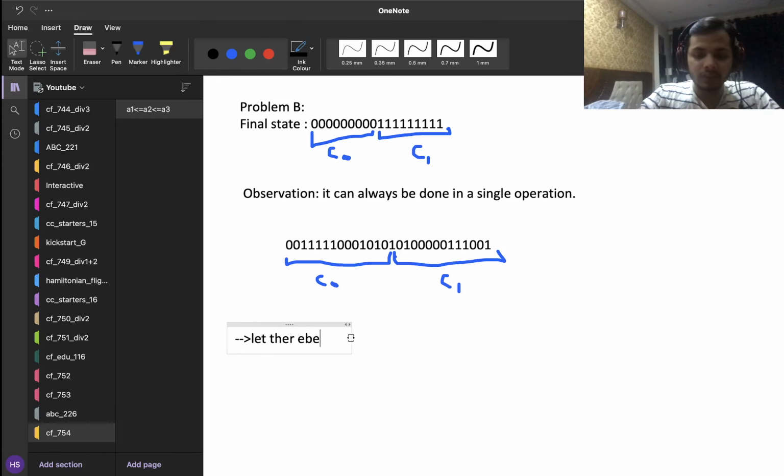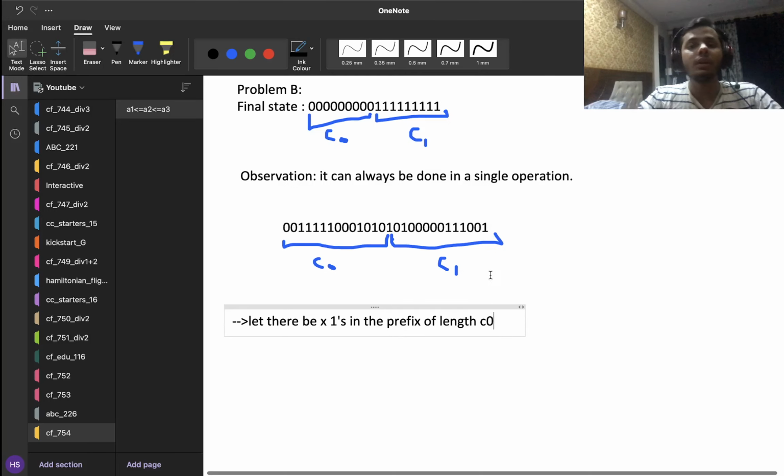So let there be x ones in the first C0 positions, in the prefix of length C0.